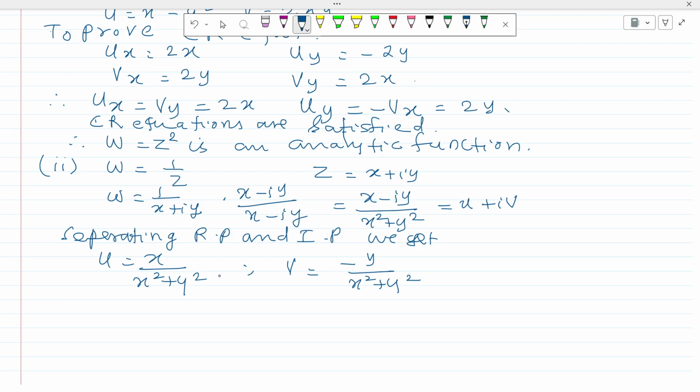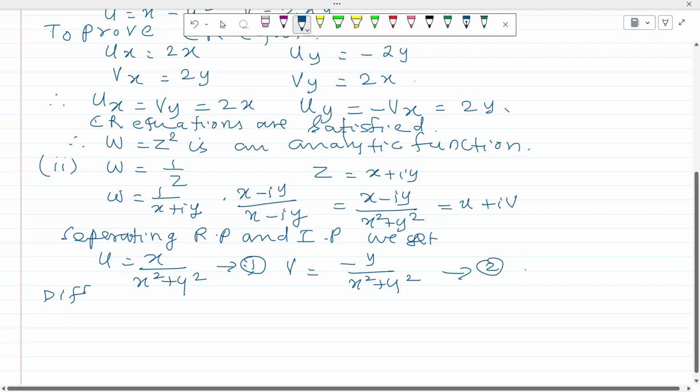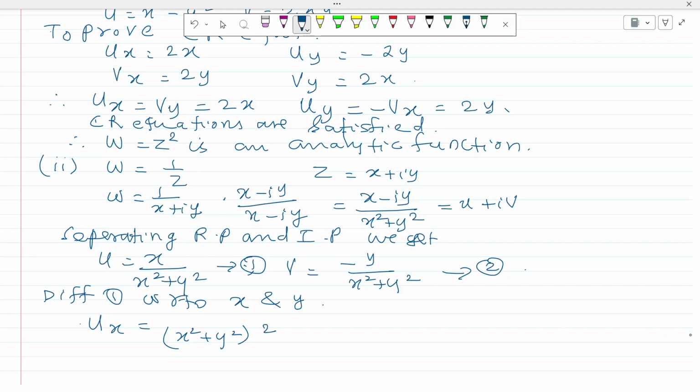So first we take this as equation number 1, this as equation number 2. Differentiate 1 with respect to x and y. If you differentiate with respect to x, what you get? Dou u by dou x, that means u suffix x. So that is the v by u rule. The denominator is x square plus y square whole square.